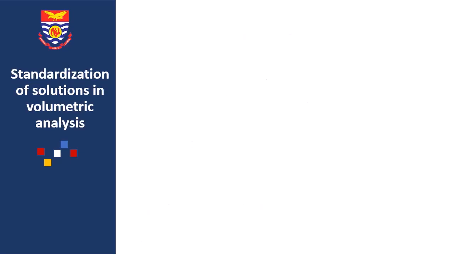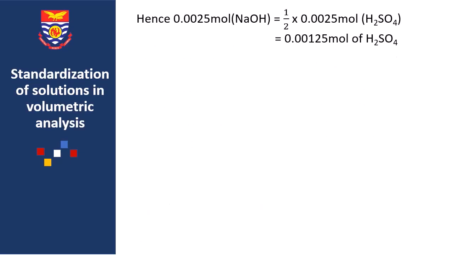So if 2 is equal to 1, then 0.0025 moles of sodium hydroxide is going to give us half of, or 1/2 times 0.0025 moles of the acid. So this implies that the corresponding moles of the acid is 0.00125 moles.